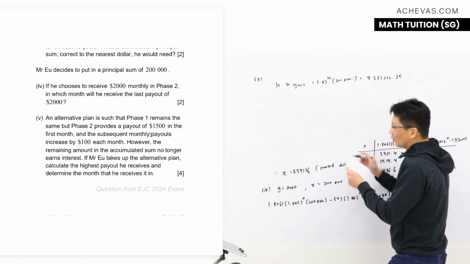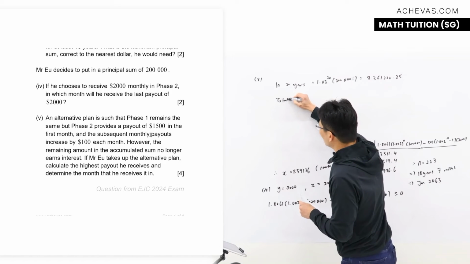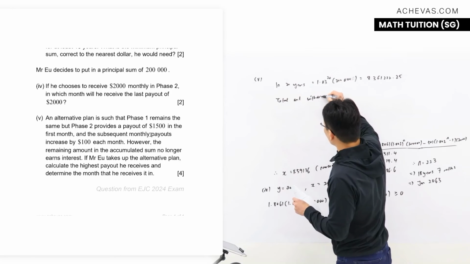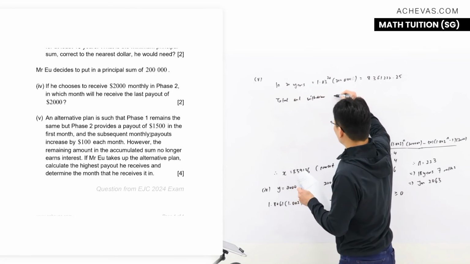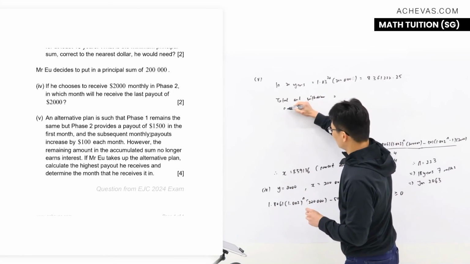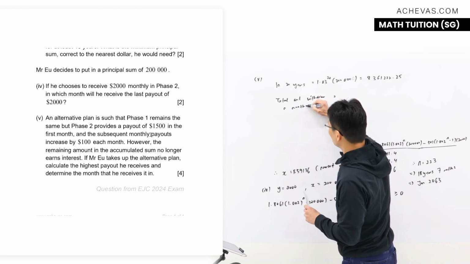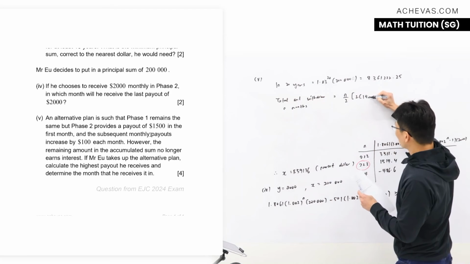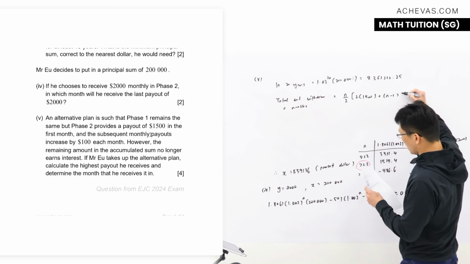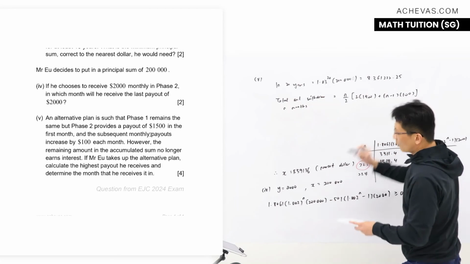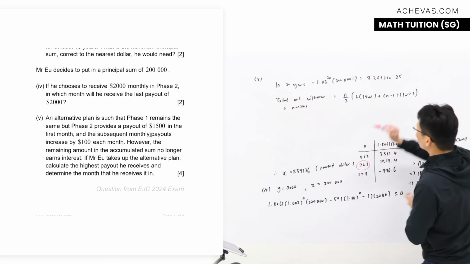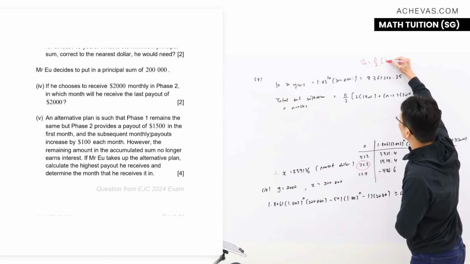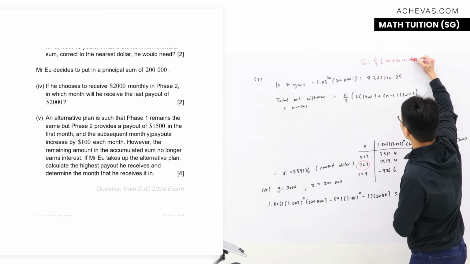And the total amount that he will be withdrawing in n months will just be equal to n over 2 times 2 times 1,500 plus n minus 1 times 100. What we have here is actually the sum of an AP, which is given by n over 2, 2a plus n minus 1 d.